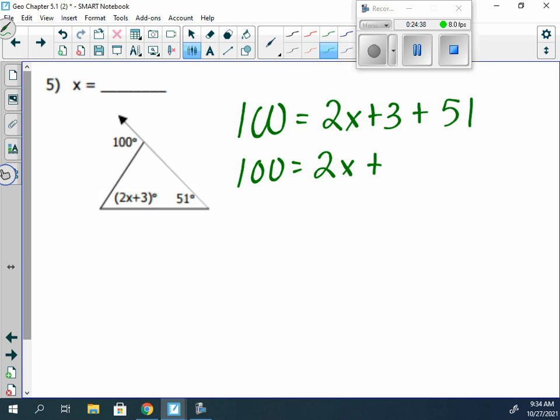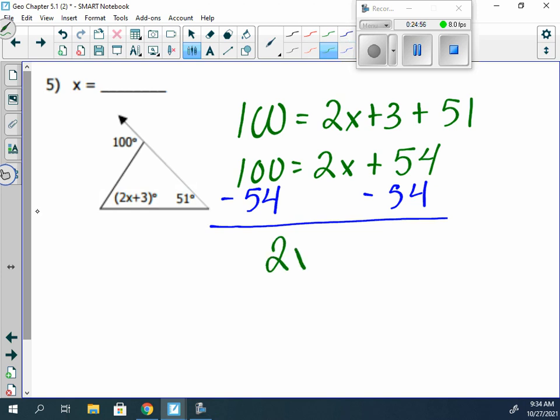We can combine like terms. So 3 plus 51 is? And then what can we do? Subtract 54 from both sides. So 2x is equal to?